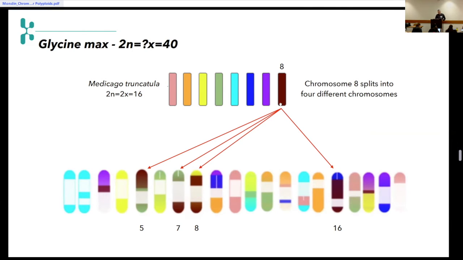But as you can see here, I picked just one example. Chromosome number 8 is split into 4 different chromosomes. So this kind of information can be helpful for us to understand the origin of this chromosome number and the structure of soybean.